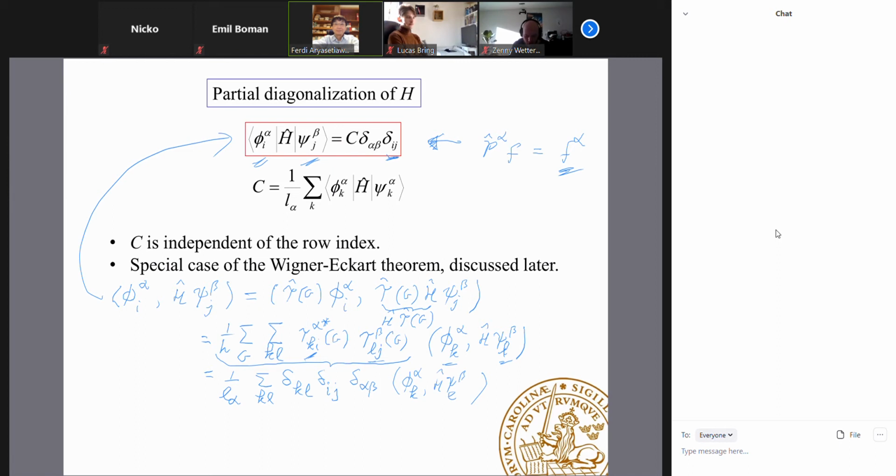So we can continue a little bit here. We can sum over k or l. So that's 1 upon l alpha, delta alpha beta, delta ij, and the sum over k of these matrix elements.